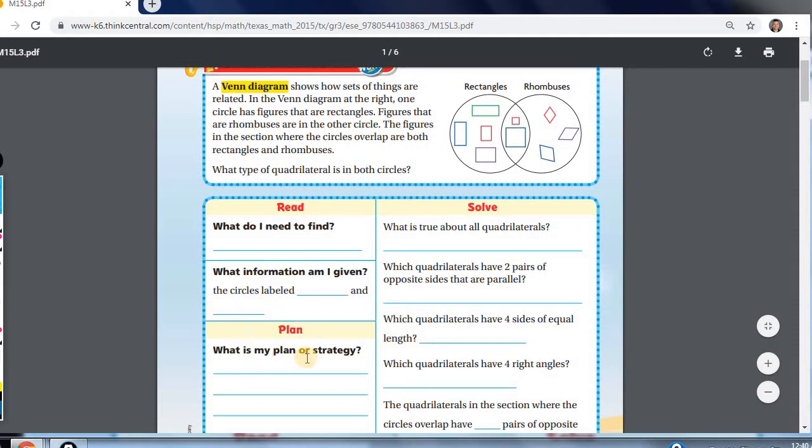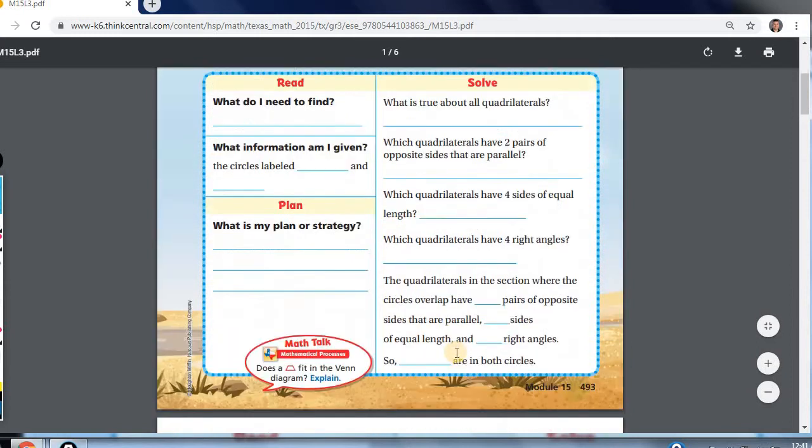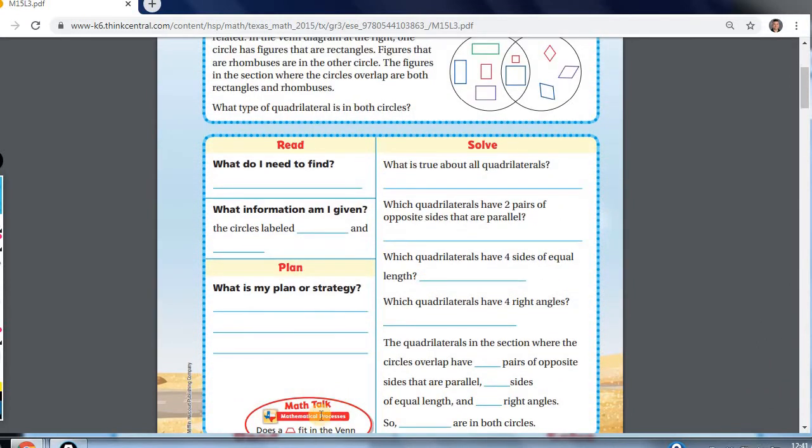What is my plan or strategy to find this answer? What type of quadrilateral is in both circles? Well, what I'm going to do is identify its lines and if it has right angles. Okay, and we'll answer this question last.